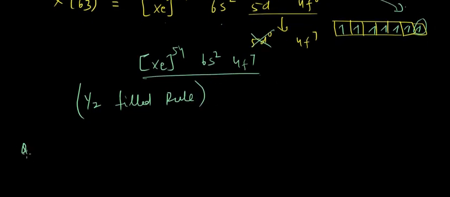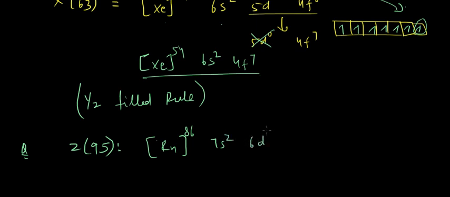Next, let's see the last example for this lecture. We'll have a compound Z with atomic number again 95. So the configuration would be radon 86, then we have 7s2, 6d1 and then 5f6.